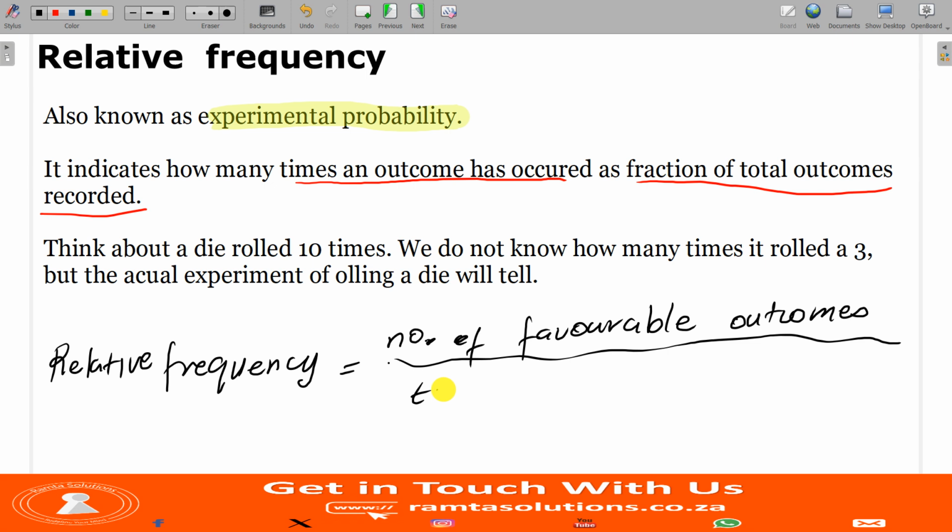Since we are considering this to be an experiment, it is the total number of trials. This is one definition that you also use in maths literacy.